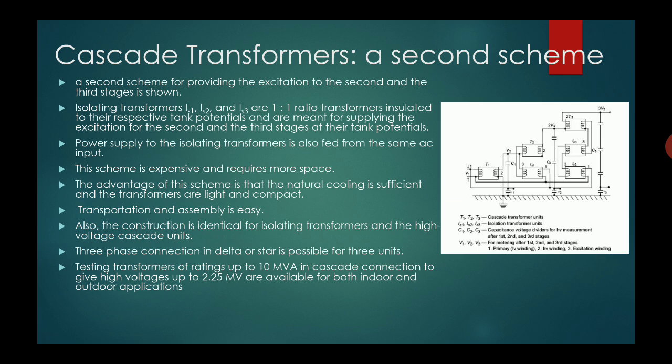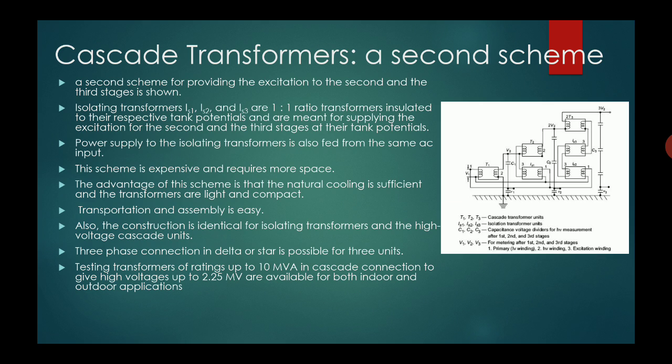Also, the construction is identical for isolating transformers and high voltage cascade units. Three-phase connection in delta or star is possible for 3 units. Testing transformers of rating up to 10 MVA in cascade connection to give high voltage up to 2.25 MV are available for both indoor and outdoor applications.